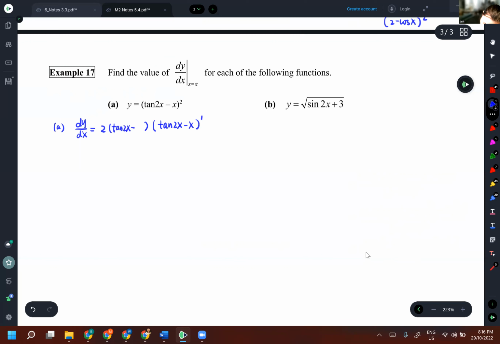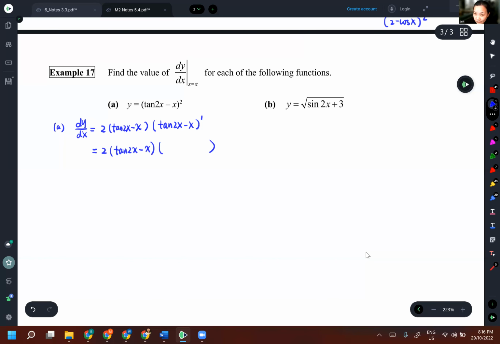I think this is what I do. It's u squared, then 2u du/dx. So I say 2u and then du/dx like this. And then it's 2 tangent 2x minus x.